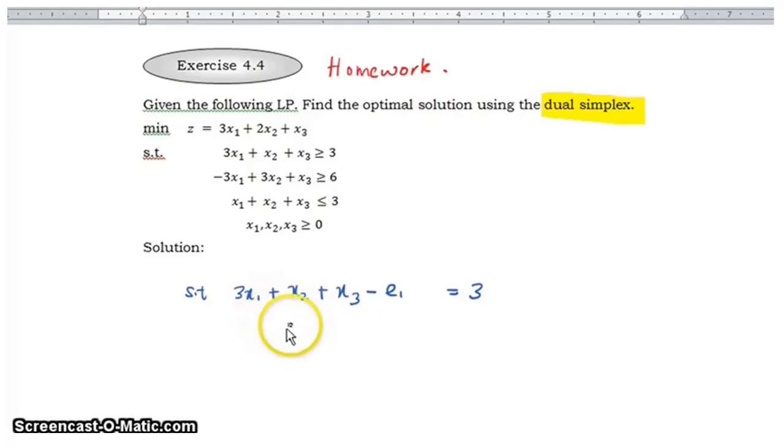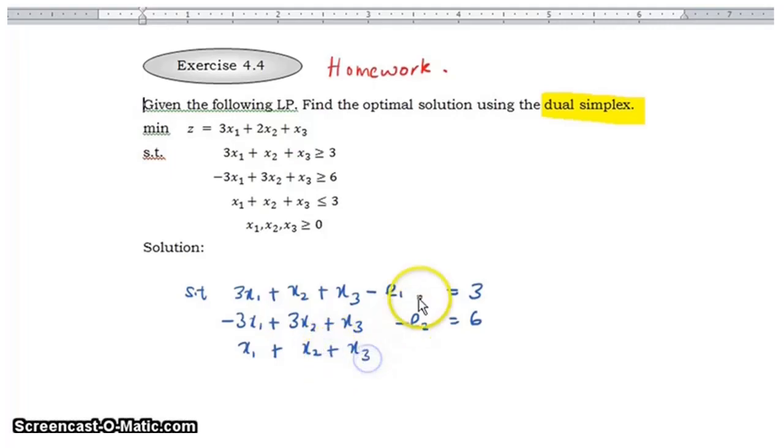For the second constraint, we have negative 3x1 plus 3x2 plus x3, also with a greater than or equal to sign, so we need to subtract excess variable 2, equals 6.